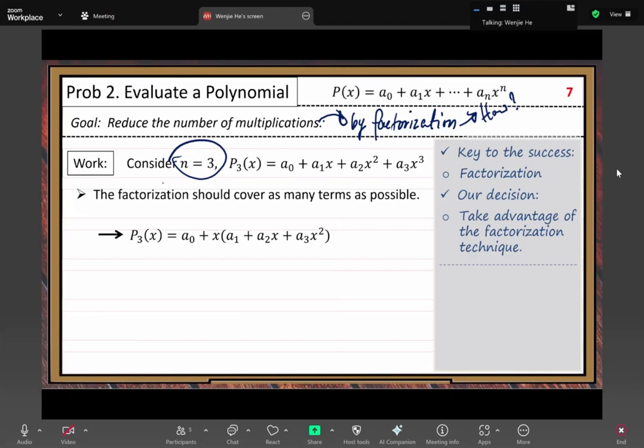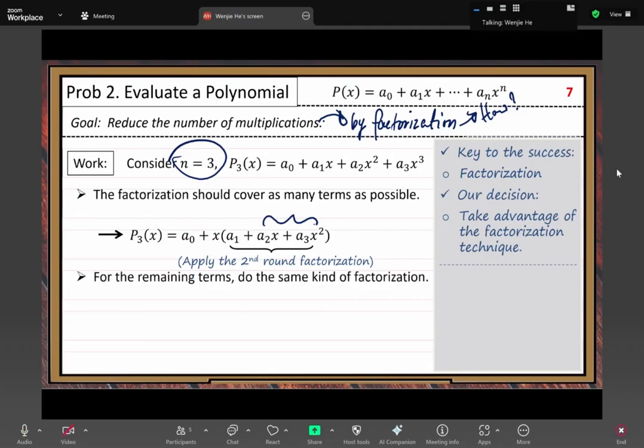So next, in the remaining expressions, can you do more factorization? Yes, because if you look at the last two terms inside the parenthesis part, they have a common factor, right? So you can do another round of factorization, a second round. So let's apply the second round of factorization inside the parenthesis.